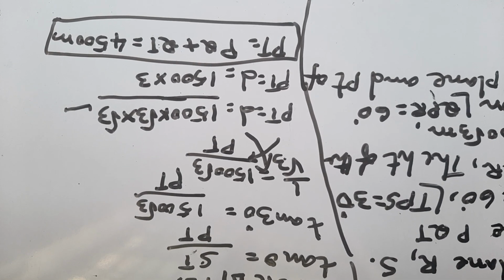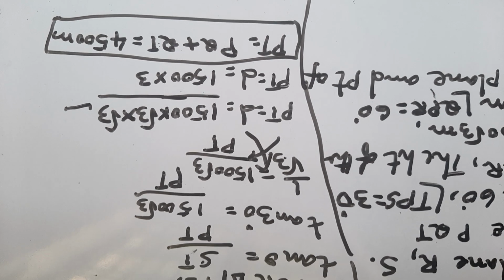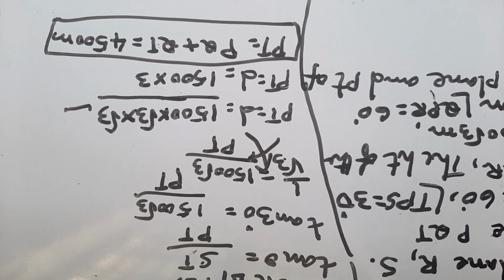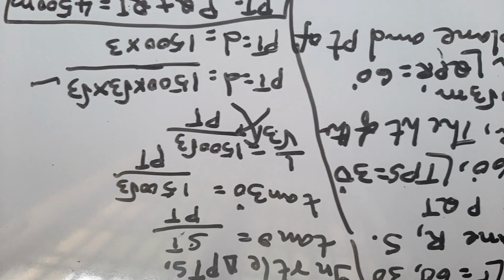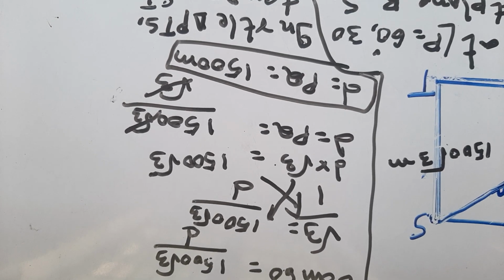Now, what do we need to find here? We need to find the positions: the speed of the jet plane from R to S. Children, what must we observe here?